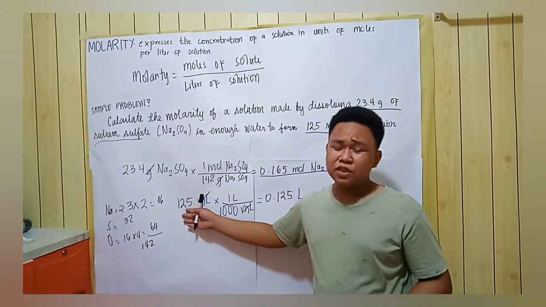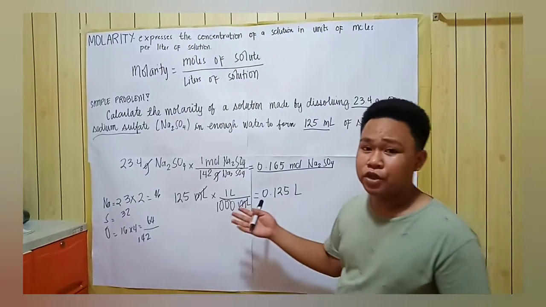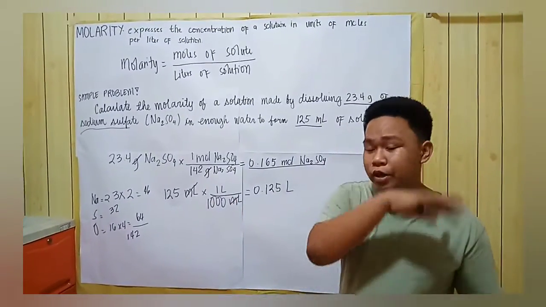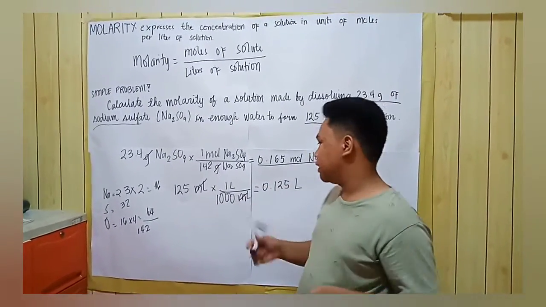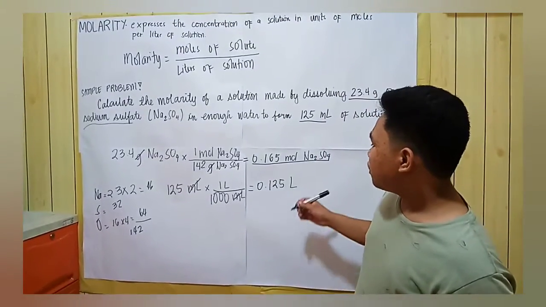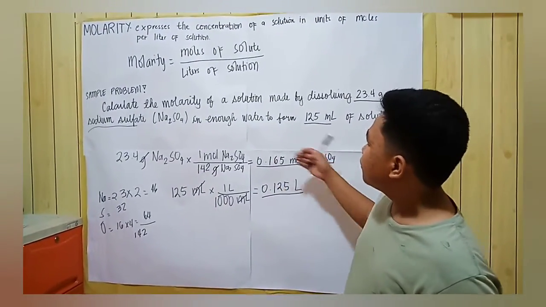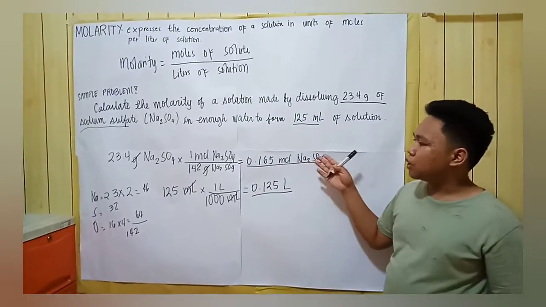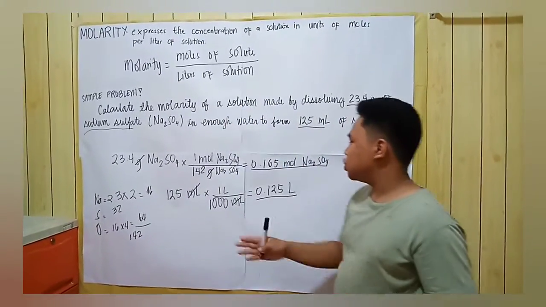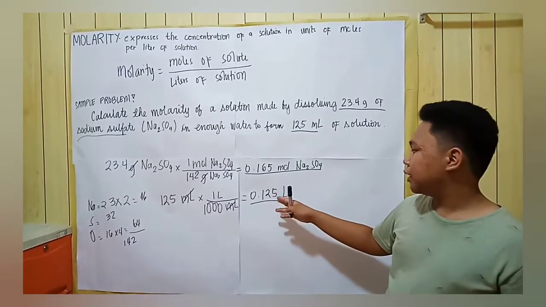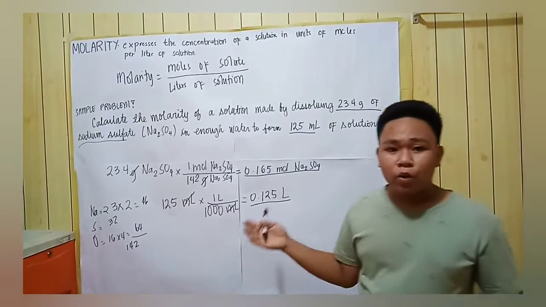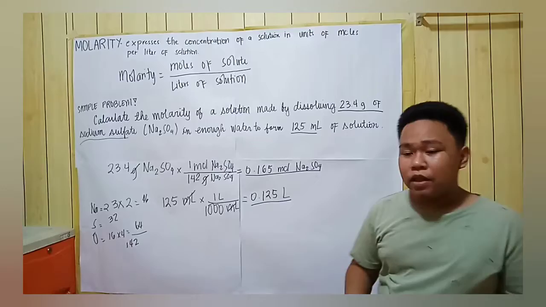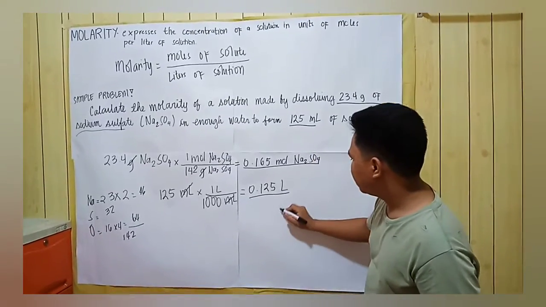This is a very simple conversion factor that we learned in our senior high school days. Now that we have the moles of solute, which is 0.165 mole of sodium sulfate, and the liters of solution, which is 0.125 liters, we can calculate the molarity of the solution.